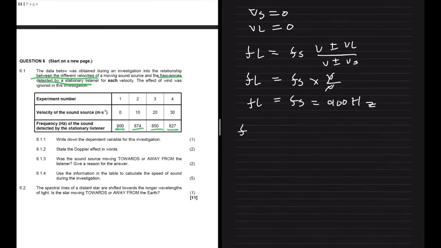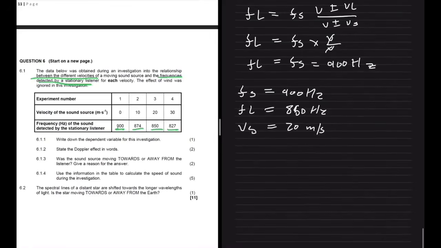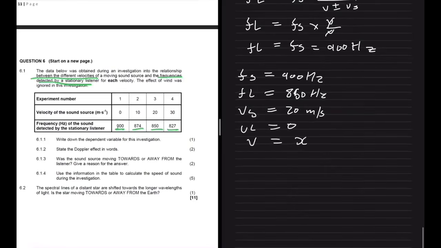So fs, we deduced, is 900 hertz, and fL for the third experiment is 850 hertz. vs is 20 meters per second, we're given that, and we suppose vL equals 0. v is our unknown.